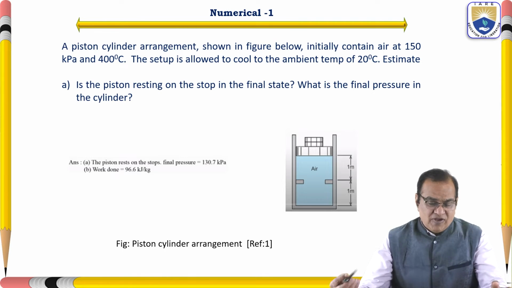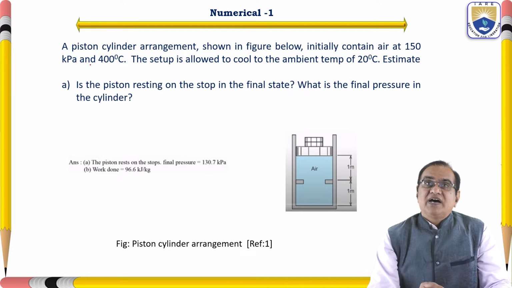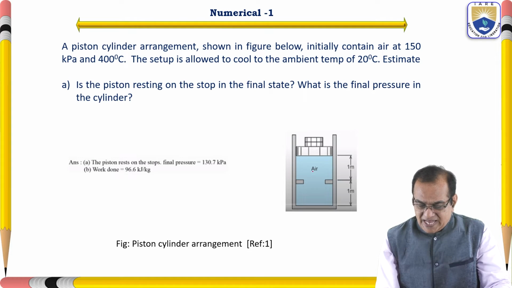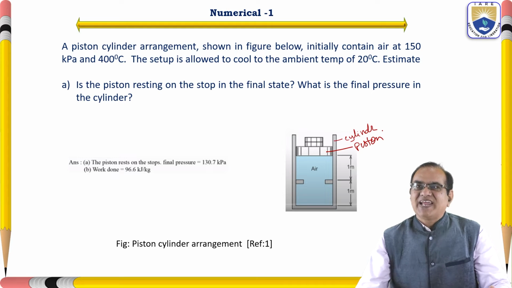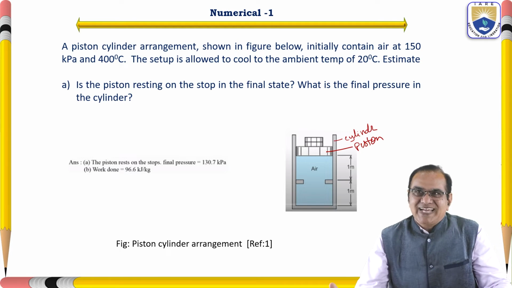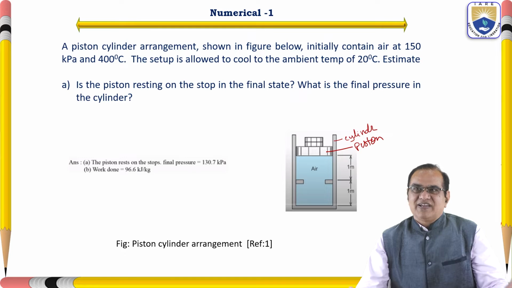So, the first question, the piston cylinder arrangement. As shown, this is your cylinder, and this is the piston, and this is a very typical example for any thermodynamic process. Most of the time we take a piston and cylinder, and this can be applied anywhere.